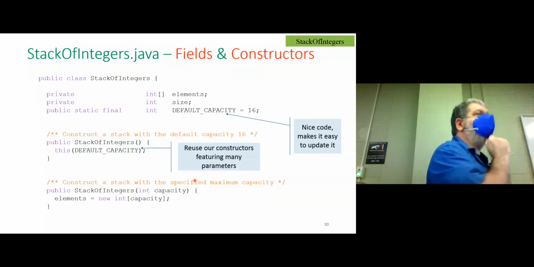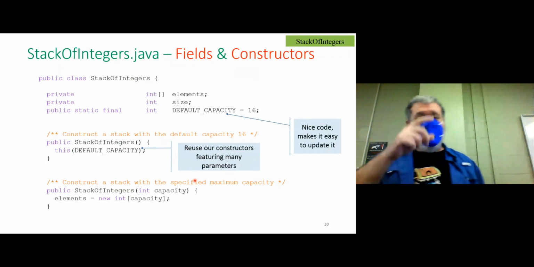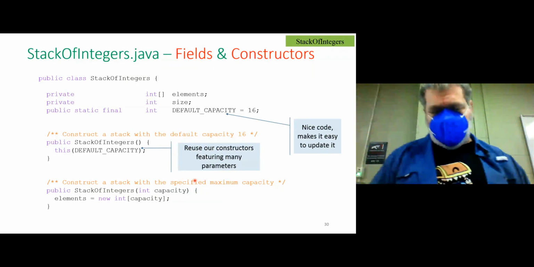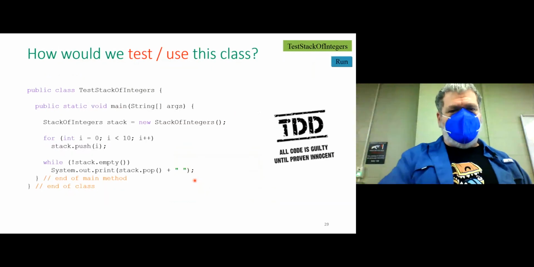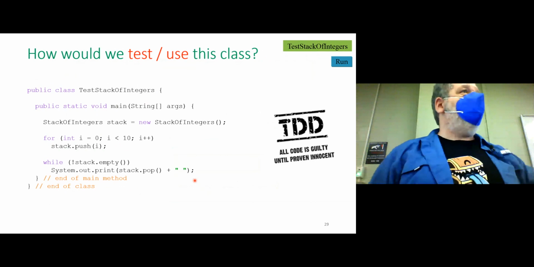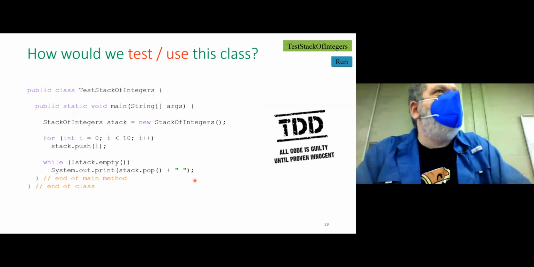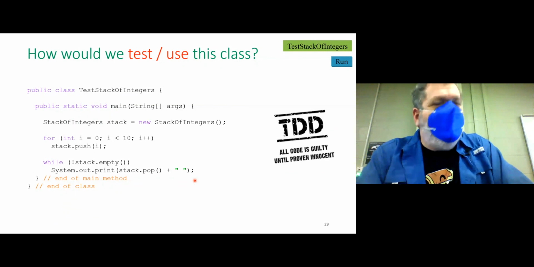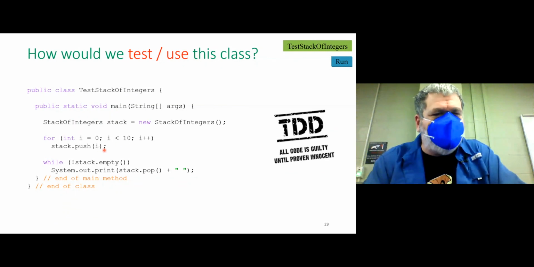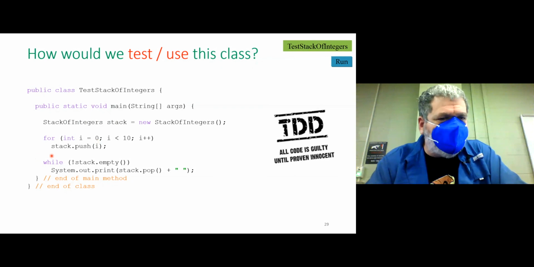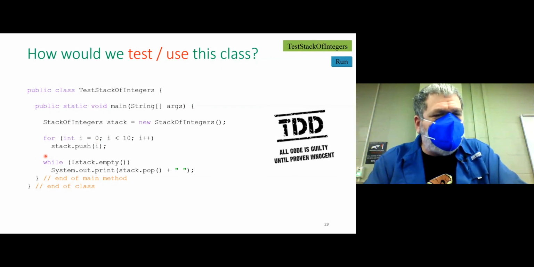Why do I use private? That's a good question, actually. Let's say that I use public. Okay, so somebody creates an object of class StackOfInteger, like my main here. I don't want them to be able to mess around with the size, because they could make a loop like that and add 10 elements to my stack, and then just have a line here that says stack.size equals 0.